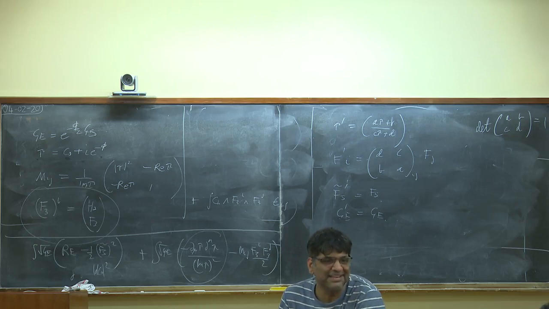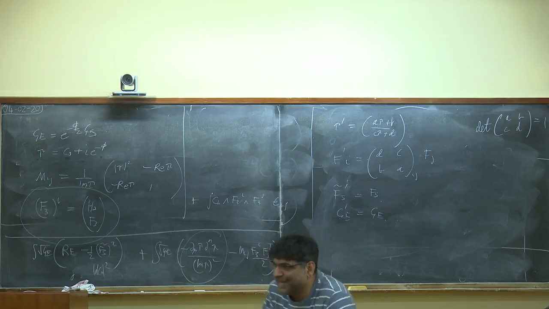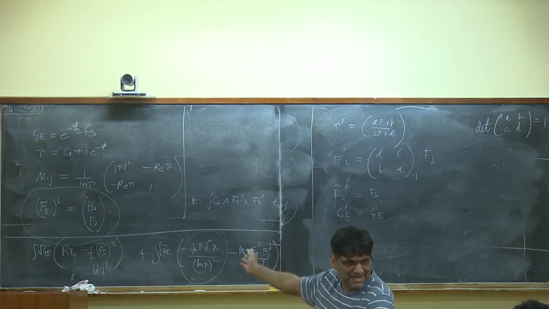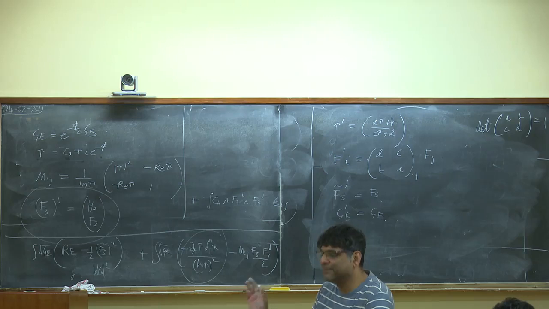The algebra didn't care that it was SL2Z, it just cared about the S. The same algebra will show you that this thing is invariant. Okay, we've already been through that algebra.